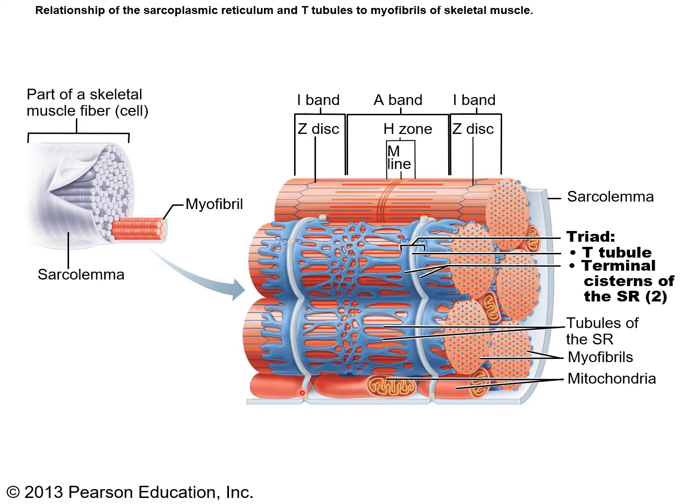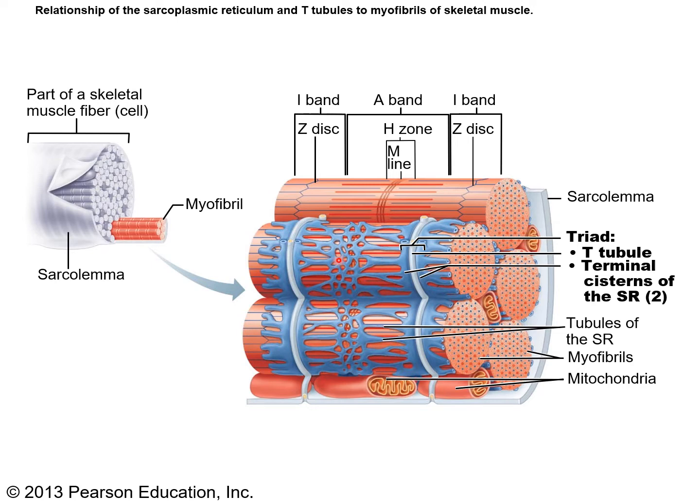The T-tubules are pretty important because when we start talking about how your muscles contract, we need to send an electrical signal, or an action potential, for those skeletal muscles to contract. And so those action potentials are going to make their way into the T-tubules.